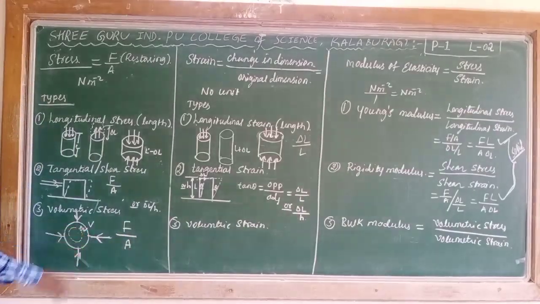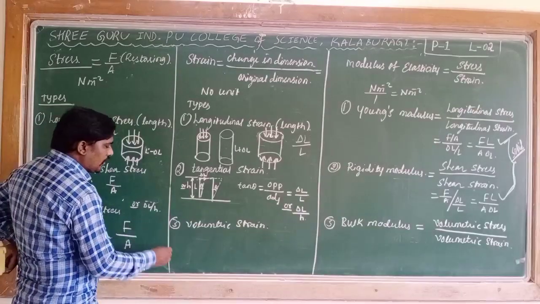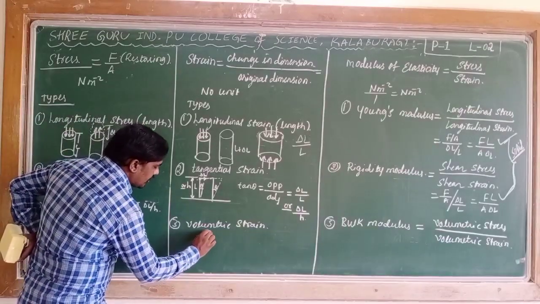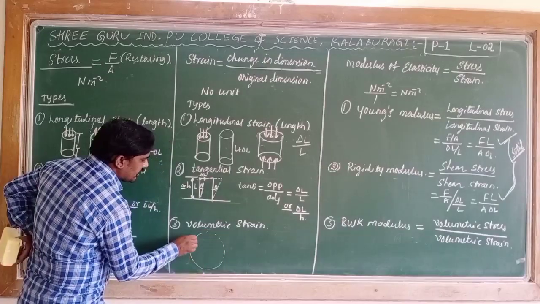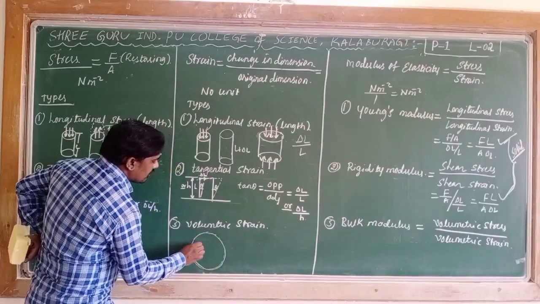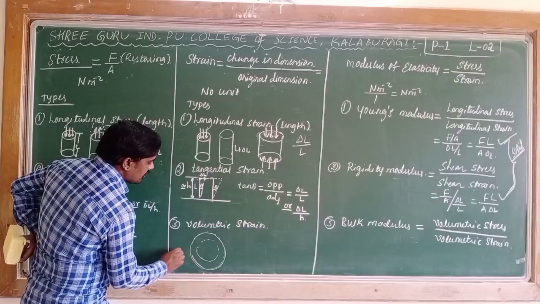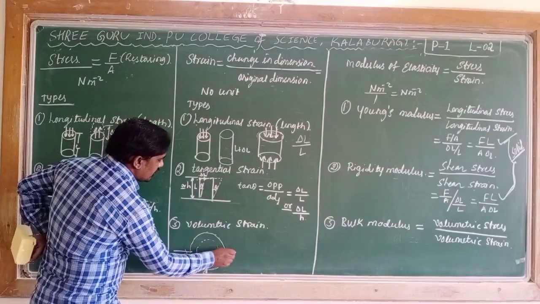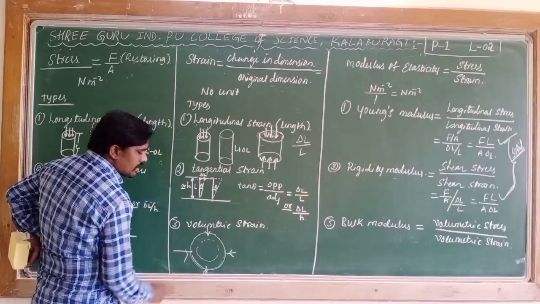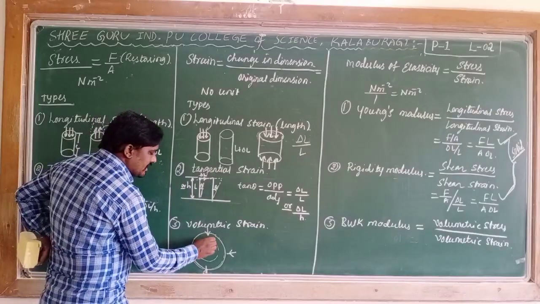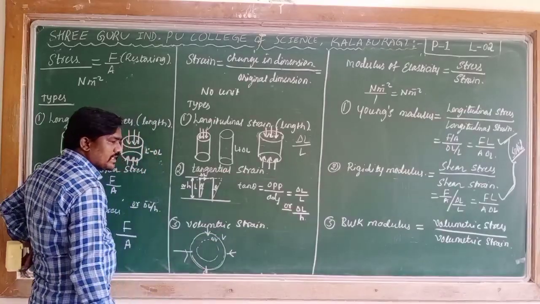Here also force is acting per unit area in all the directions. Because of that force, the body is going to strain. This is our initial volume. The volume is going to change, because force is acting in all directions. This is the change in volume with respect to original volume.